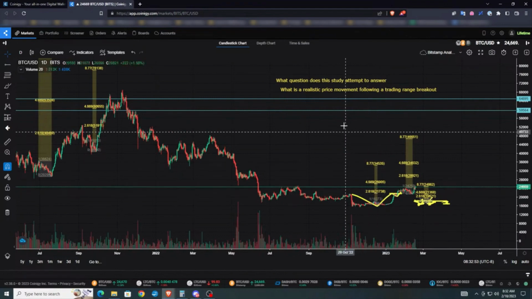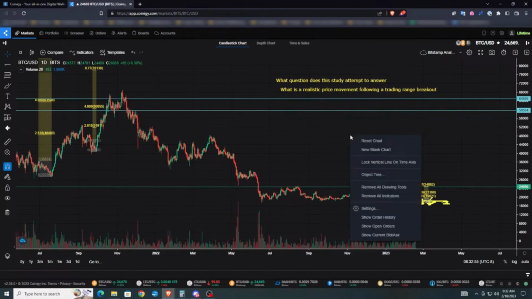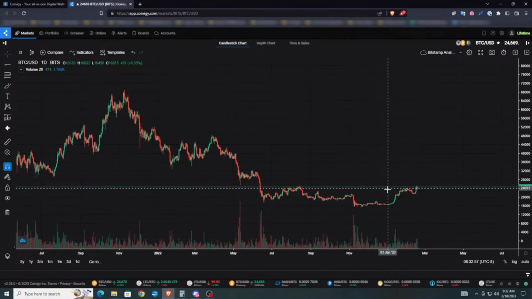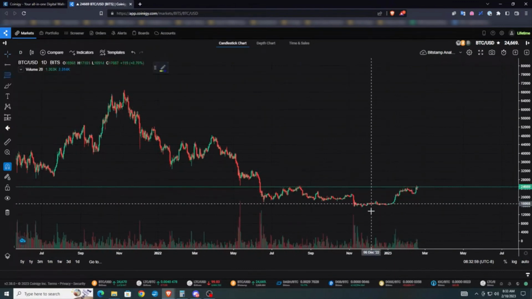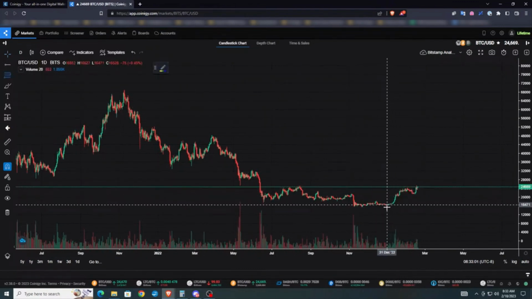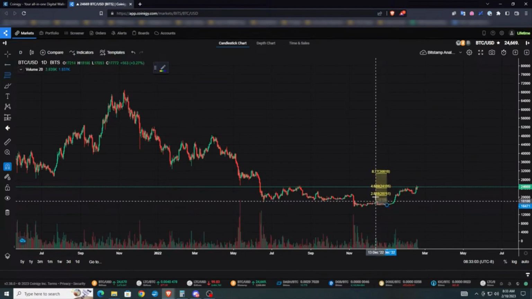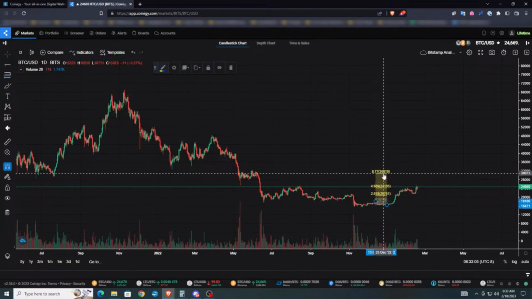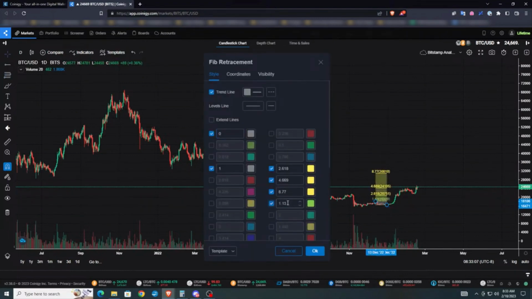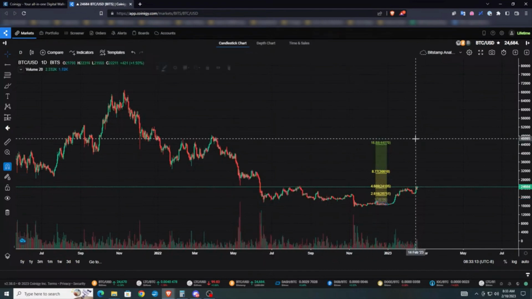So if we're considering, and I'll just remove everything here, if we're considering that maybe this is an extension heading higher, next level we want to have on here is actually 16.88.